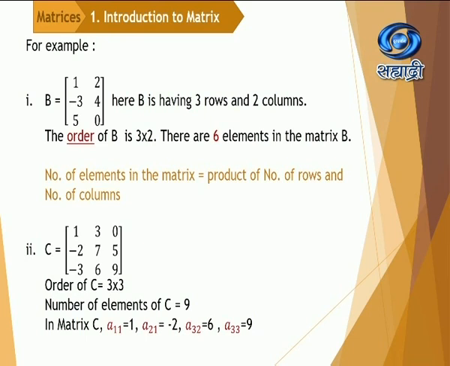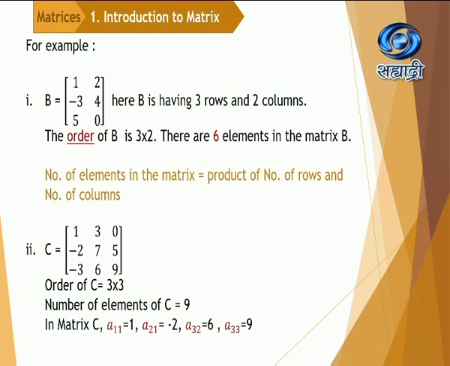There are 6 elements in the matrix B. While finding the number of elements in a matrix, it is nothing but the product of the number of rows and the number of columns. In the second example, C, there are 3 rows and 3 columns. So the order of this matrix C is 3 by 3, or you can say 3 cross 3. The number of elements of C is equal to 9.